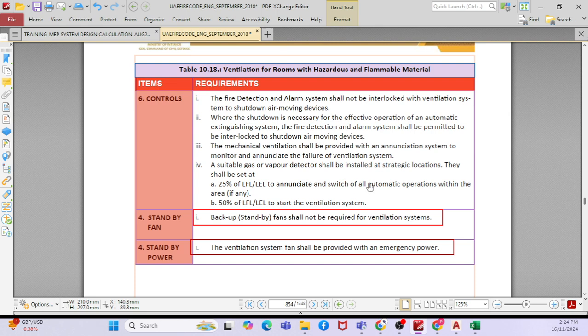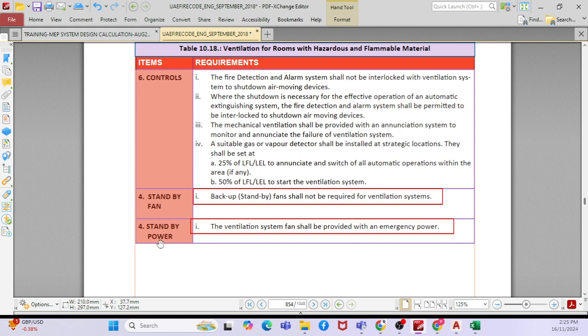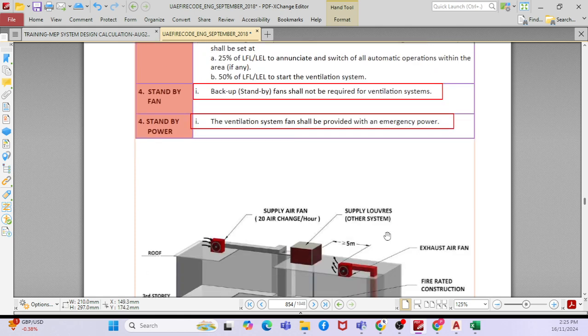In this scenario they are all motorized smoke dampers, and we are not using motorized smoke fire dampers, because with a fusible link it will close. The standby fan is not required as per the local code, and this fan will be designed with an emergency power supply.